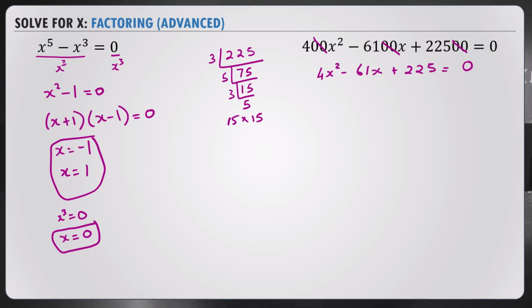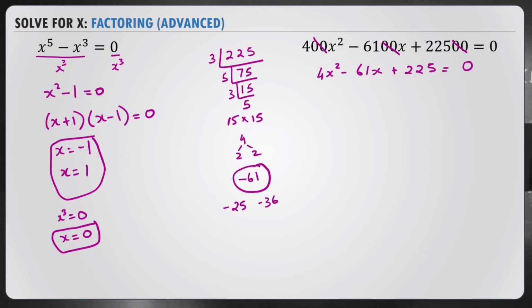And the factors of 4 are 2 and 2. And we need to get the number negative 61. We'll try different ways to get 61. I can see here 5 fives are 25. And we're left with 3 threes are 9 times 4 is 36.